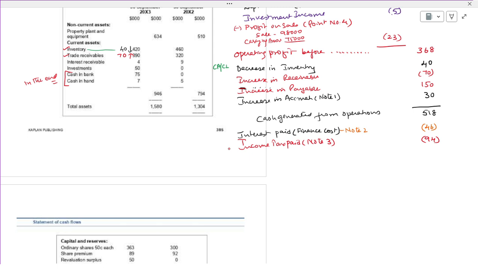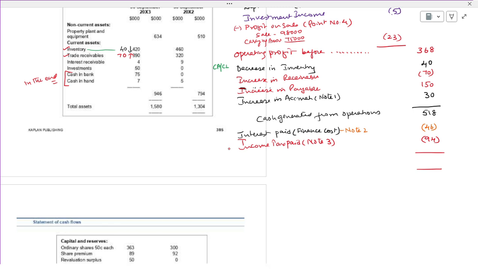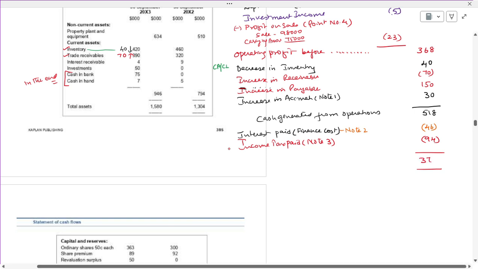Income tax paid. Total it. How much will you get? Minus 518, minus 378, 46, minus 94. How much? 378.